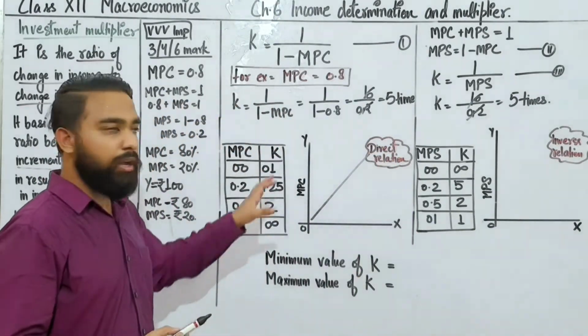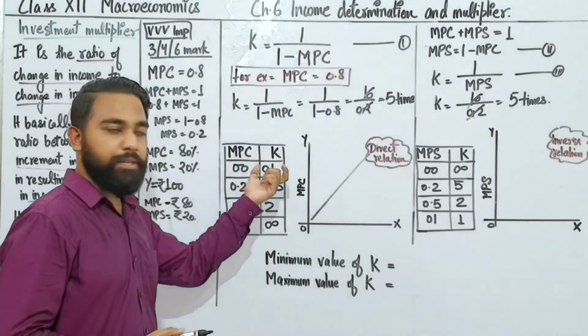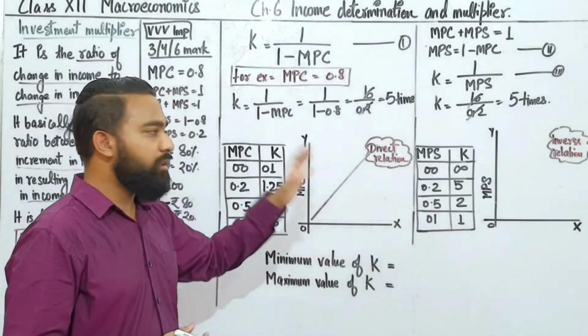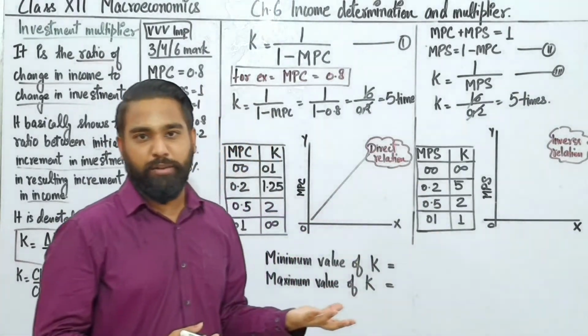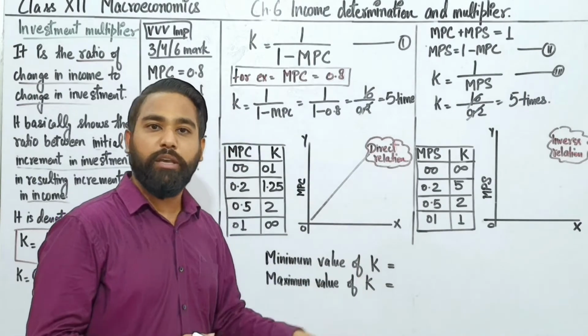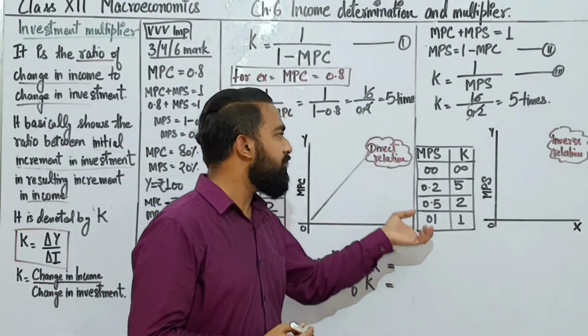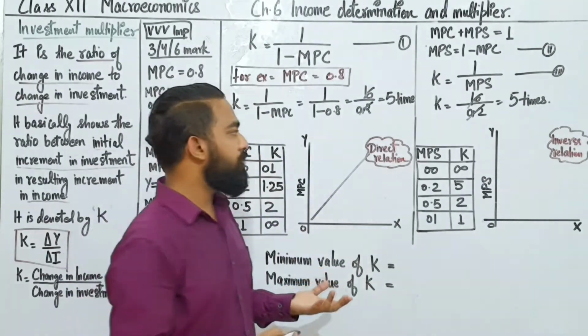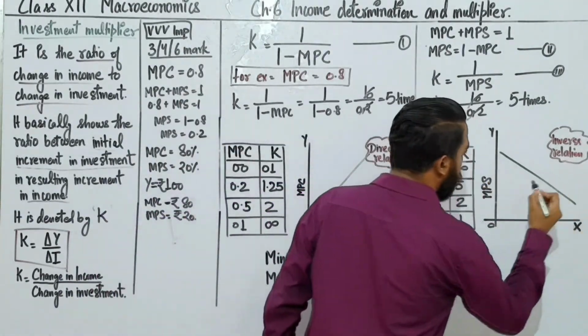This will be your curve for the relation between MPC and multiplier. And for the MPS and multiplier, there is an inverse relationship. It means if MPS is increasing, the multiplier is decreasing, or if MPS is decreasing, the multiplier is increasing. So the curve will be downward sloping.